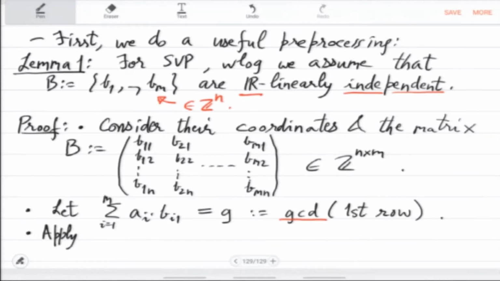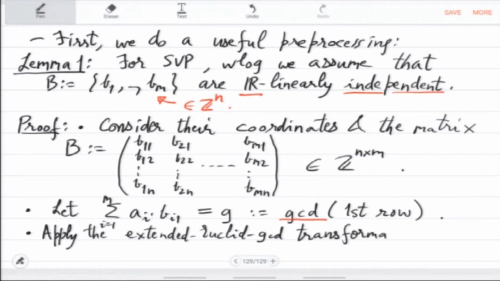Apply the extended Euclid GCD algorithm, or let's say transformations, on the columns of the matrix B. Fine. So what do you get?